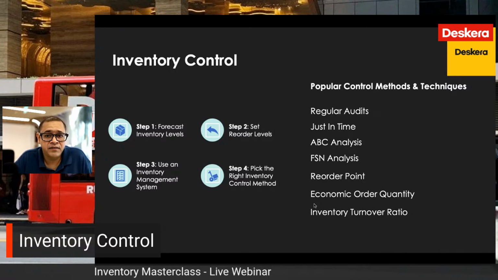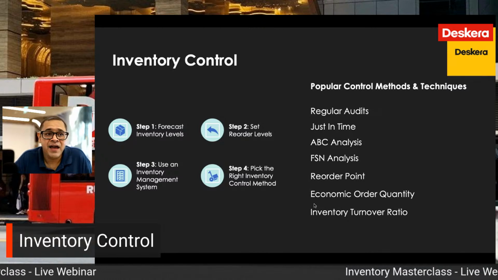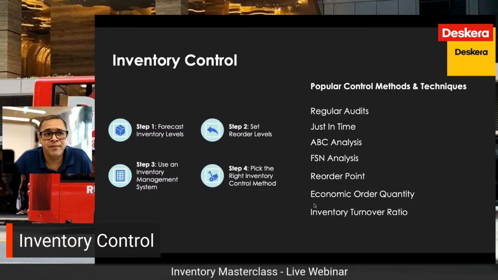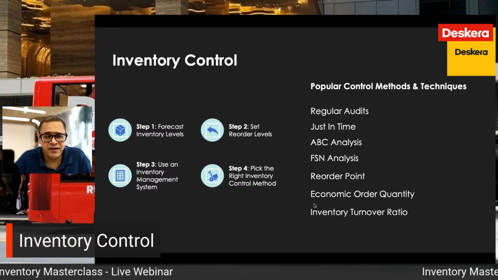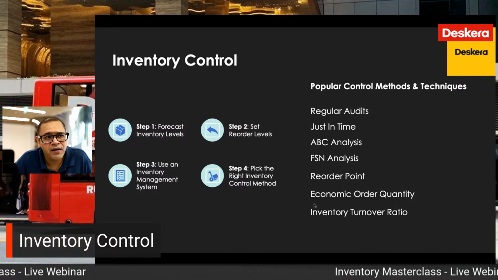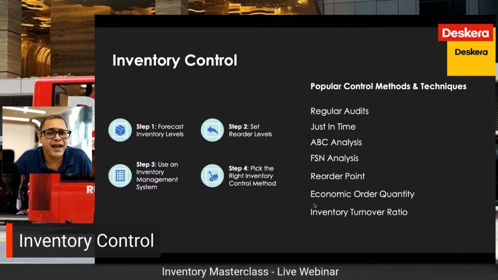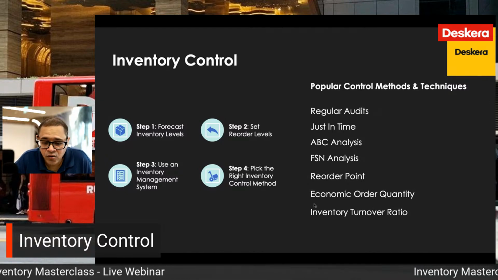But often what we see is that the supply happens after the demand hits, and that is not where you want to be. That's not planning, that's reacting. And we need to be proactive about it, right? So inventory control is all about being proactive about your inventory rather than being reactive. And to move away from that, you have these tools and methods.